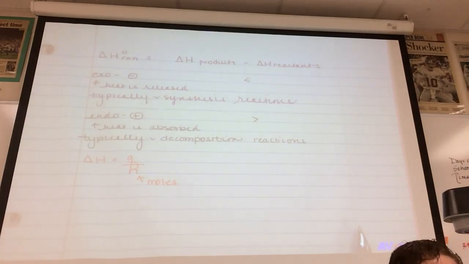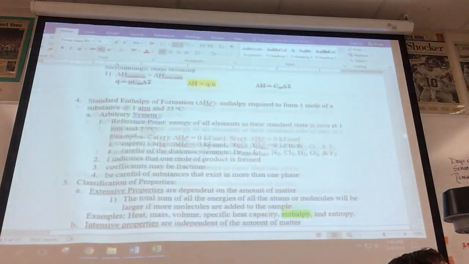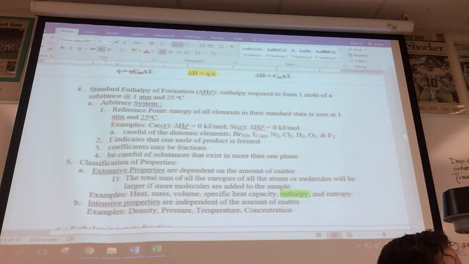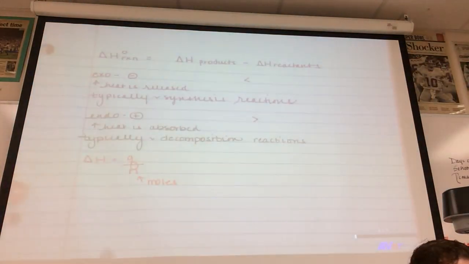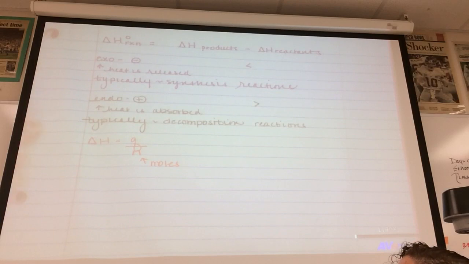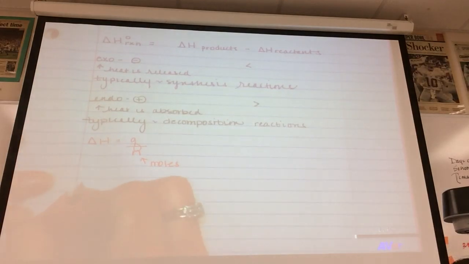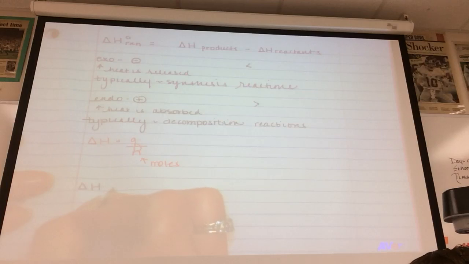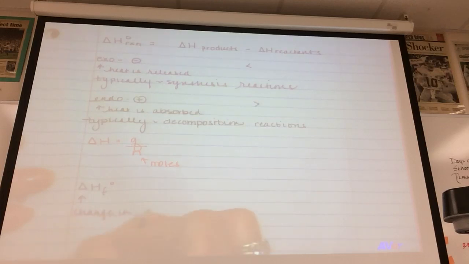Alright, so what we're going to do is calculate delta H of the reaction. Before we do that, there are a couple of things we want to make clear. We're first going to look at standard enthalpies of formation. And I want to make sure you're clear on the nomenclature here. So what we've got is the delta H of formation. That's the change in enthalpy.